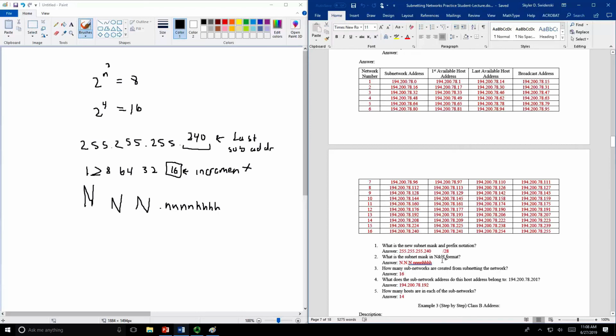Remember, whatever it increments by, in this case each subnetwork increments by 16, we can only have 14 hosts per subnetwork. Because remember, that 16 includes the network address and the broadcast address, so it's not taking into account the actual usable hosts that we can implement into the network.